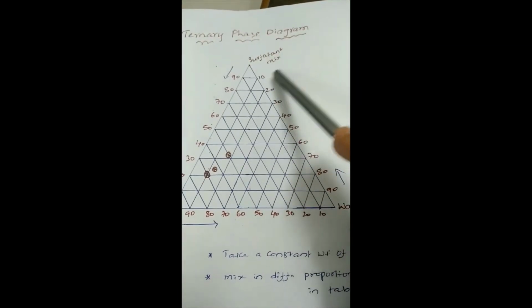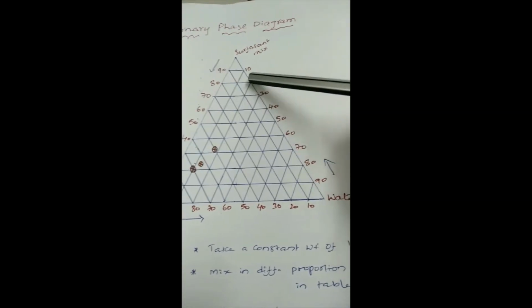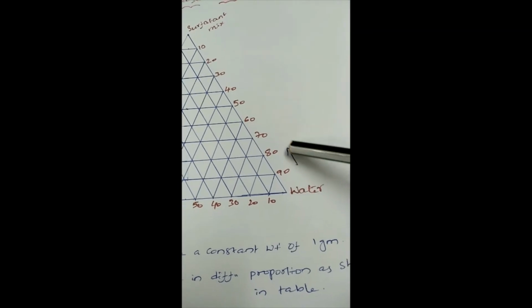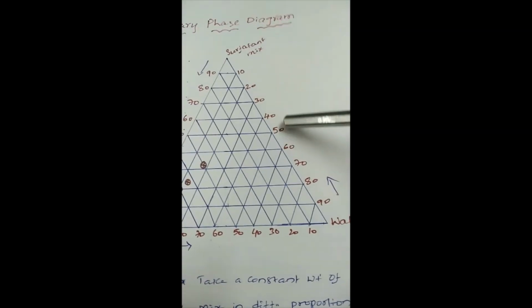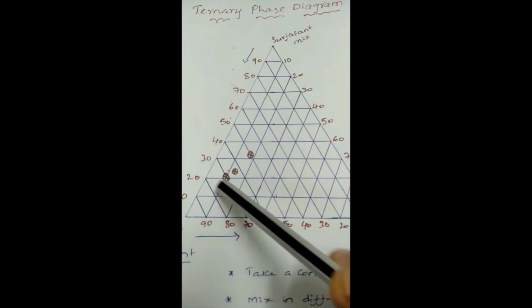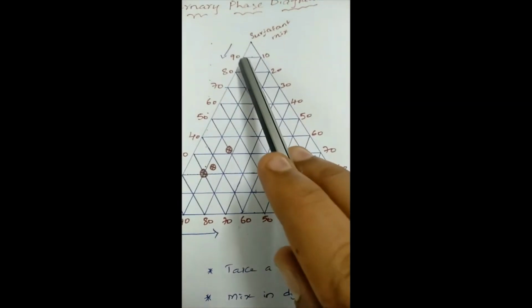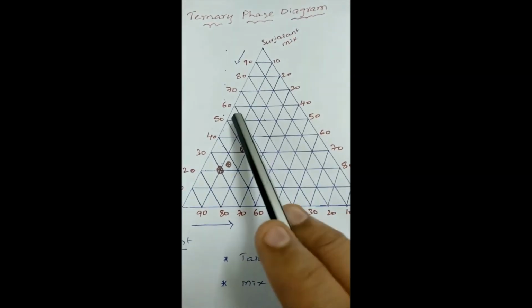At this point the surfactant mix is 100%, and the same applies: as you go in this direction, surfactant concentration decreases and water concentration increases, and in this corner water concentration is 100%. I have marked arrows in descending order. You can see clearly this is for water, where it is 100, 90, 80, 70, 60, 50, 40, 30, 20, 10, represented by diagonal lines. The oil concentration here is 100, and the diagonal lines represent 90, 80 like this. And these horizontal lines are the surfactant mixture concentration, 100% here, and then 90, 80, 70 like this.